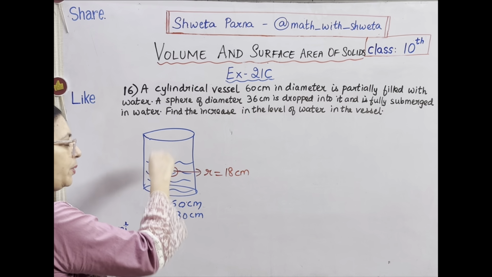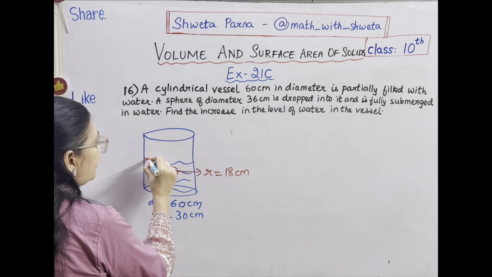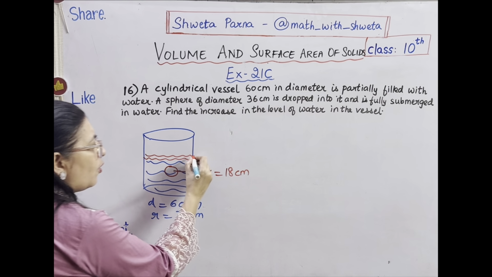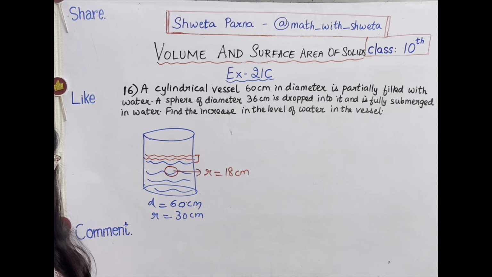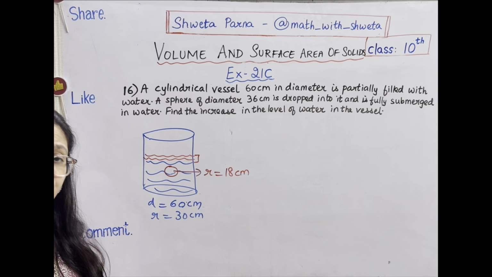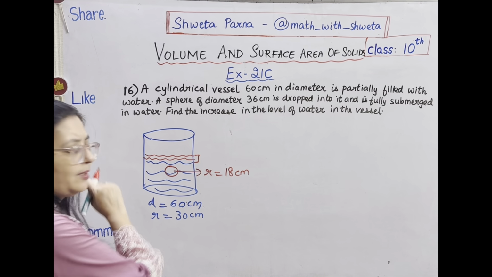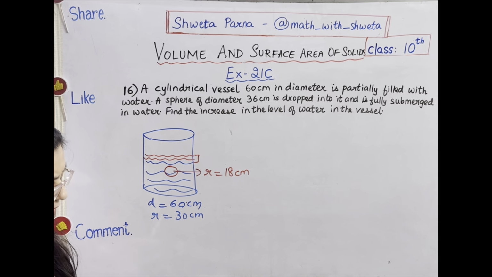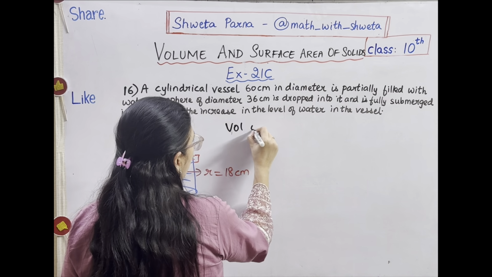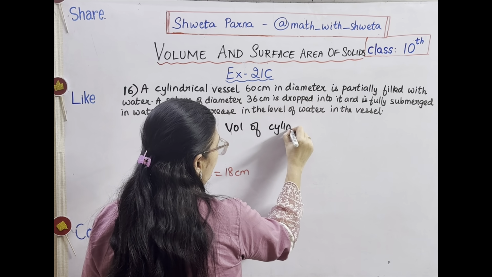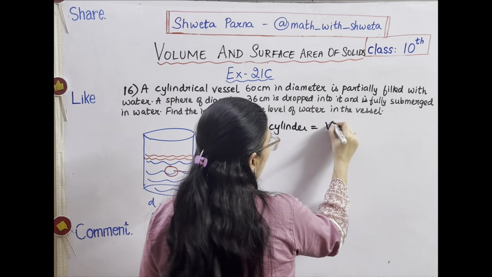Now when you put a sphere in the water, there is an increase in the height. Why is there this increase in the height? This increase in the height is due to the volume of the sphere. So we can say the volume of this increased height of the cylinder is equal to the volume of the sphere.